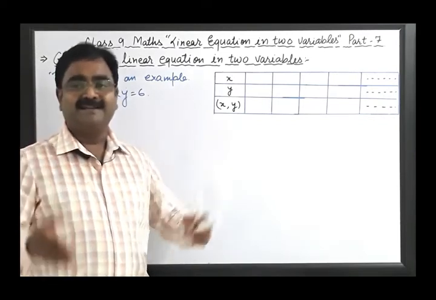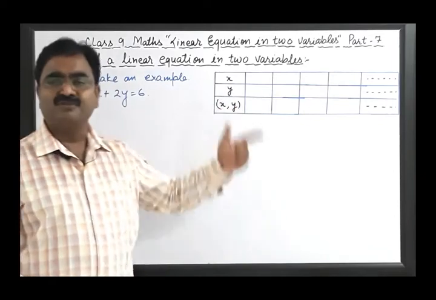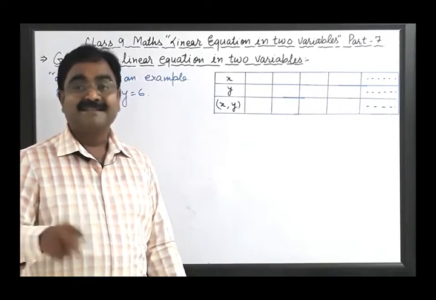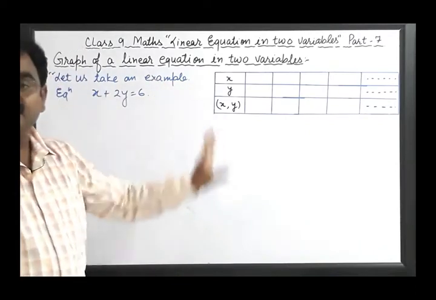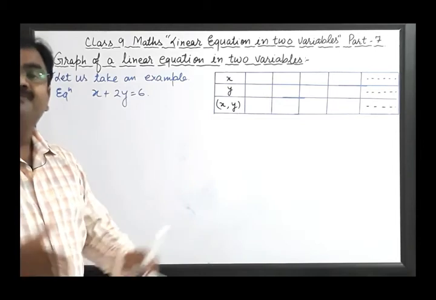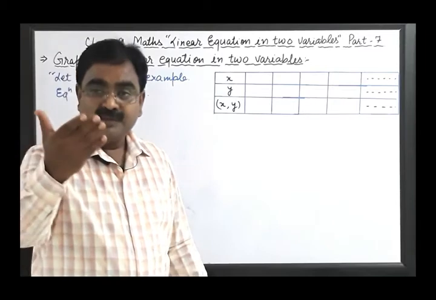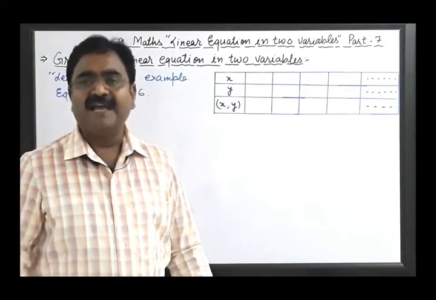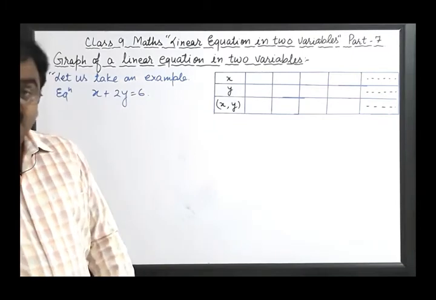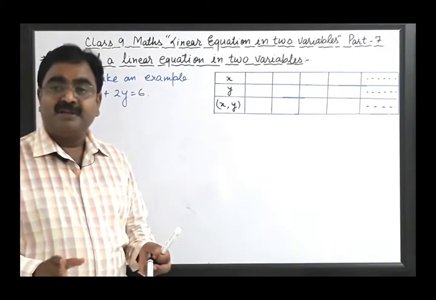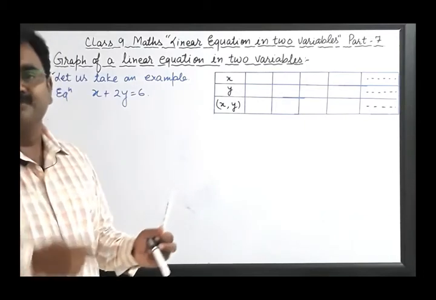So let us start to find few different solutions of this equation. As we have learned, any linear equation in two variables has infinitely many solutions. So in those infinitely many solutions, we have to find out a few of them. To draw the graph, at least two solutions are important. Only two solutions are important.